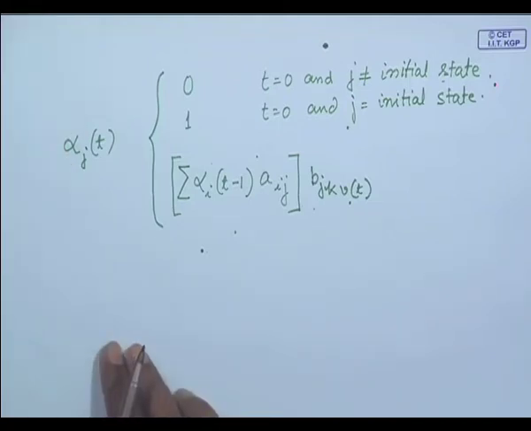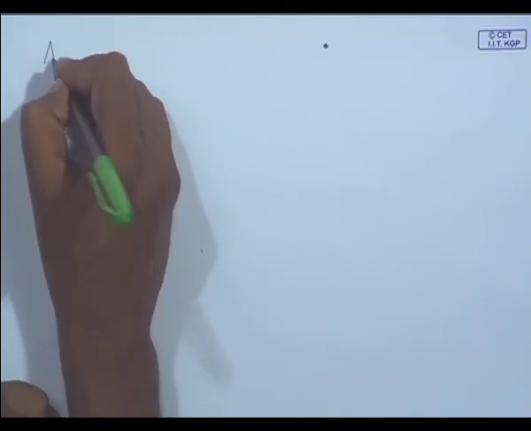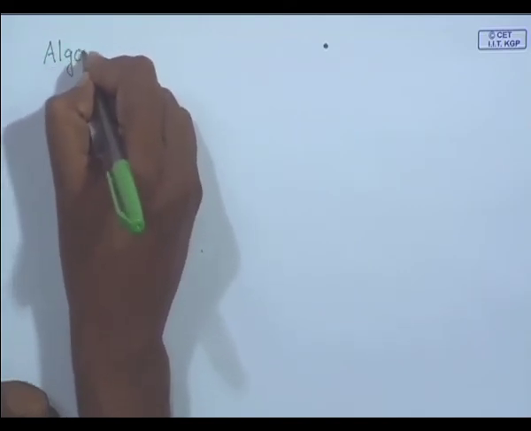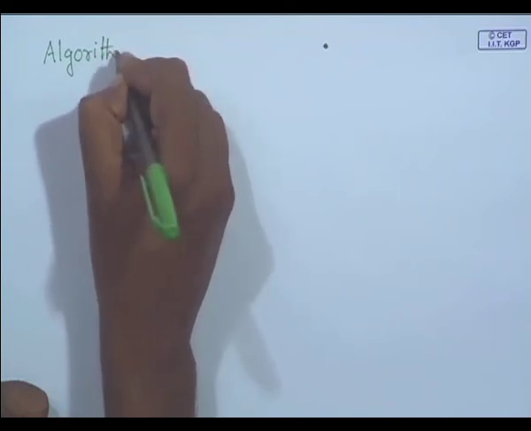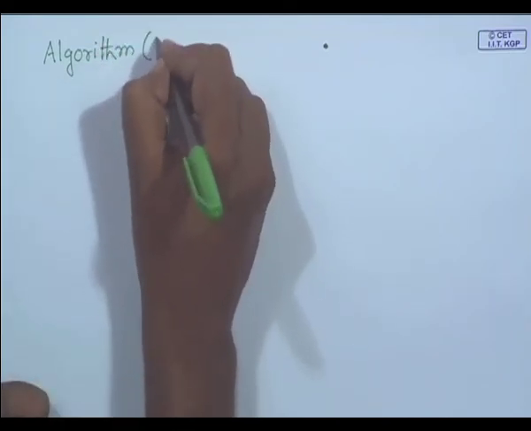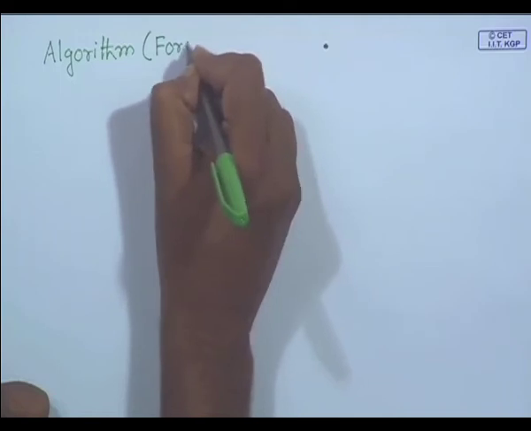Using this definition, now I can write an algorithm to find out the probability that the machine, the HMM theta, has generated this sequence of visible symbols V capital T. In particular, I call it the forward algorithm.